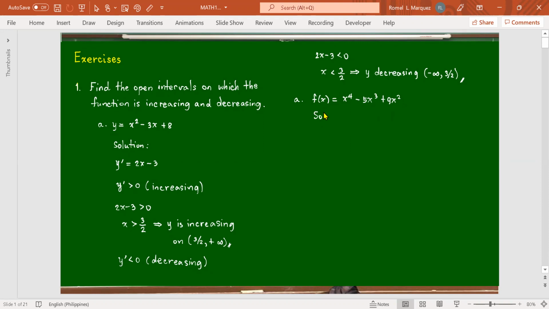So again, to determine where f is increasing, f decreasing, we get the first derivative. We have 4x to the 3rd, minus 15x squared plus 18x.